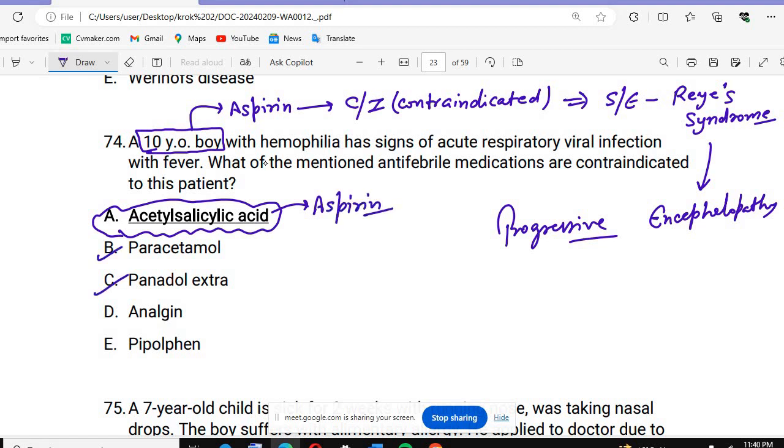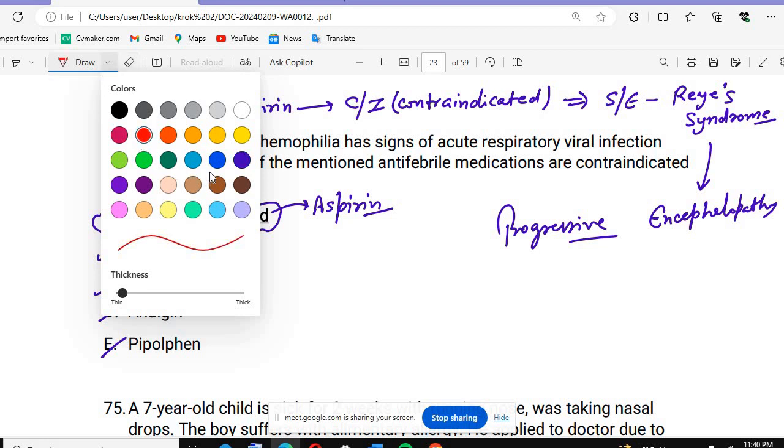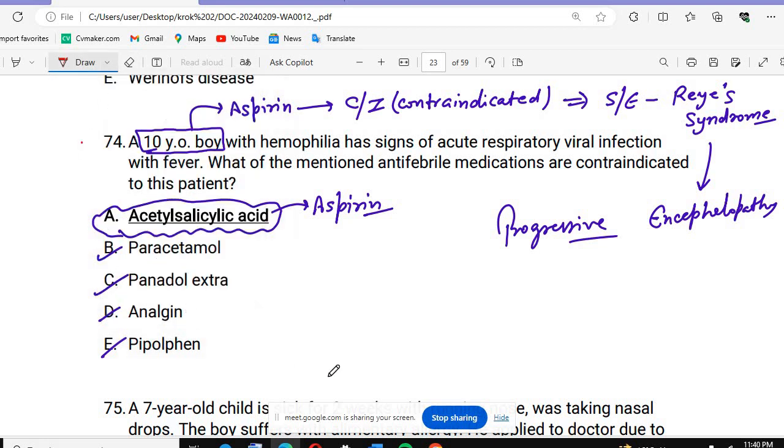Paracetamol, yes, we can give this. Panadol, Analgin, ibuprofen, all these drugs can be given. Sometimes we don't know which drugs are given, we didn't hear the name, but maybe you didn't hear any drugs and you still know the answer. So don't worry about the other options.